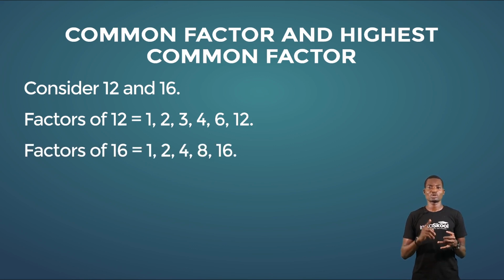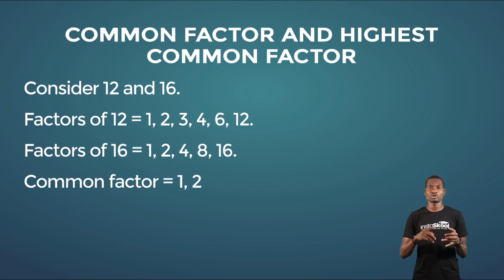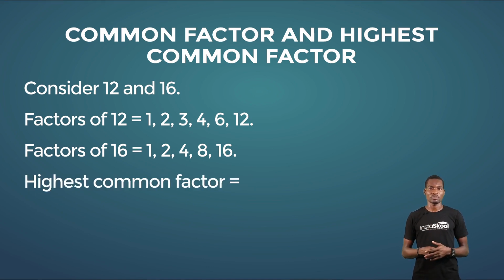That is 1, 2, 4, 8, and 16. Now you would notice that the common factors between these two numbers are 1, 2, and 4. Now what do we mean by the highest common factor? It means among these common factors, we pick the highest number. The highest number among 1, 2, and 4 is 4. So the HCF, or the highest common factor, of 12 and 16 is 4.